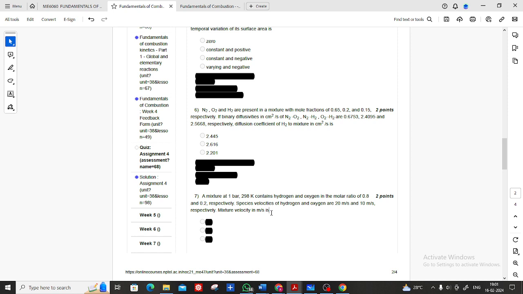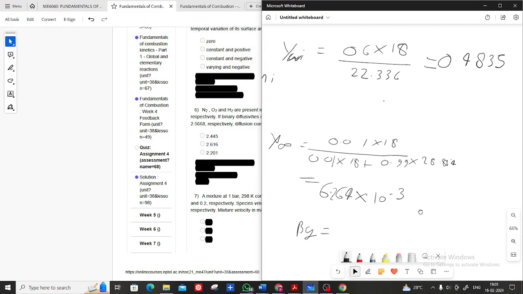Then you multiply with the velocity of each species and you will get the bulk velocity. That is rho A into VA plus rho B into VB, divided by the bulk density. That will give the bulk velocity, right? Yes, sir.